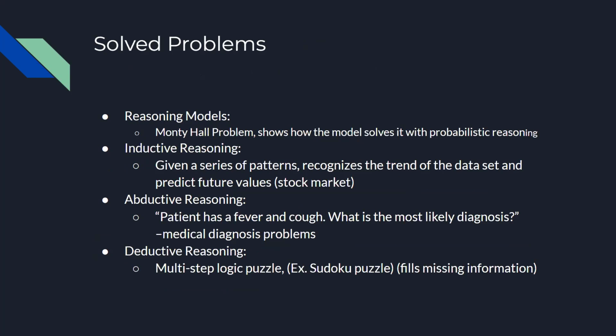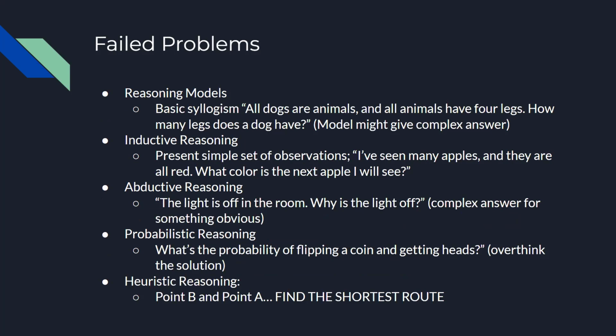So the reasoning models in general tend to give a detailed explanation of how they solve any problem that is given, or with abductive reasoning, based on what you give it, like the description of your medical diagnosis, it will give an output saying whether you have a flu, a fever, or any other possible sickness based on the description you give it. So yeah, I'm going to show examples, but I'm also going to show some failed problems that it might fail based on what you give it for the input.